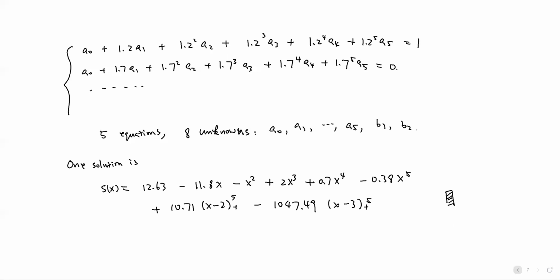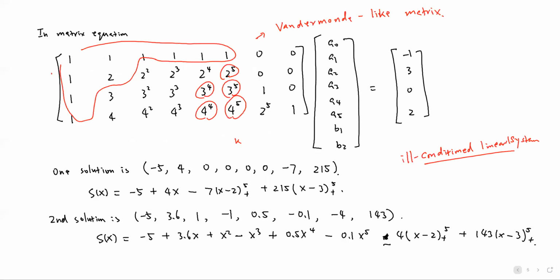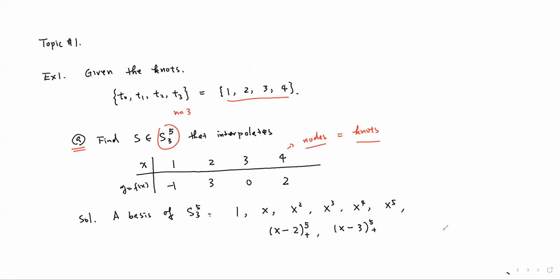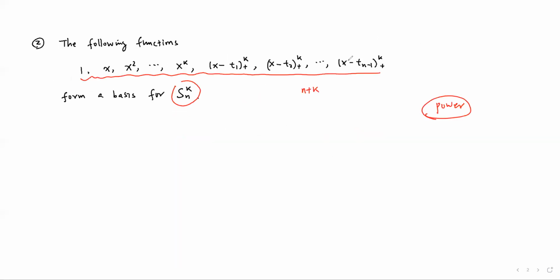As I just mentioned, this basis leads to a random-like linear system, with a very bad condition number. Usually, when you solve the linear system, especially when the power is large, say 100, you cannot get any accurate solution.